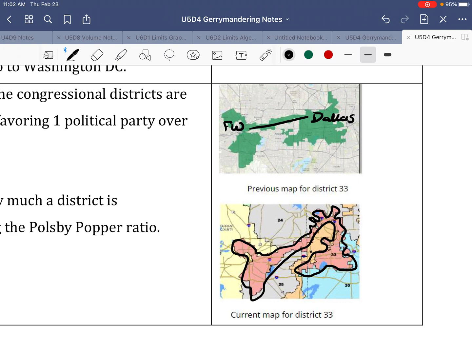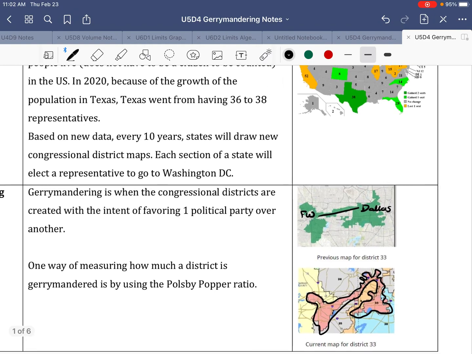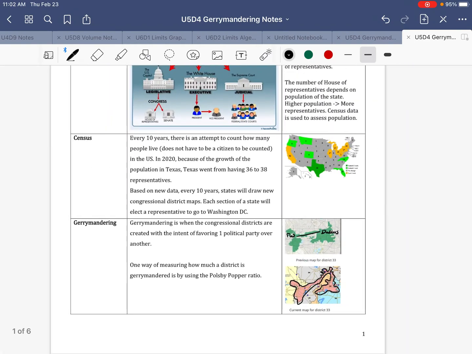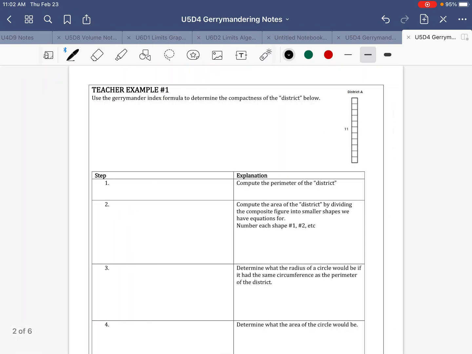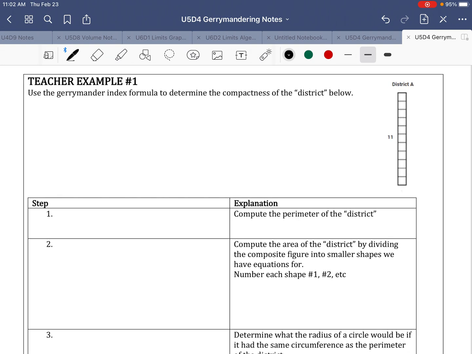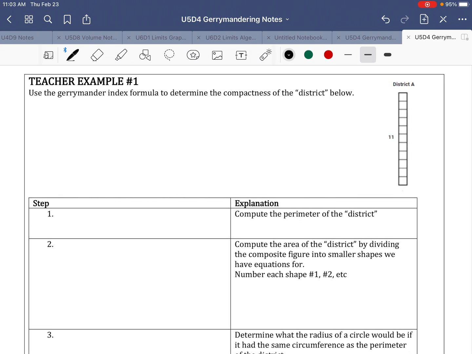Okay, so that outline there is District 33 currently. So what I want to show is how we can use the Polls-v-Pauper ratio in much simpler districts so that you can apply this to the congressional district that you will be assigned later for our project.